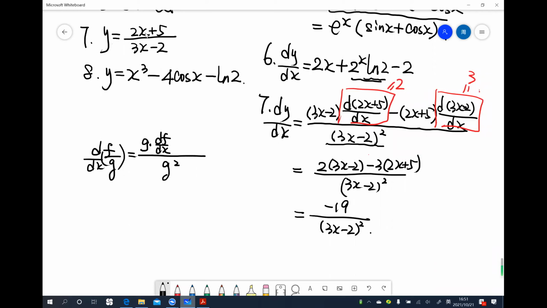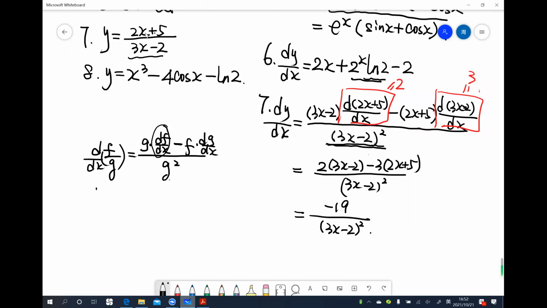So first we calculate df by dx and minus f times dg by dx. So first part, g here, that is 3x minus 2, right? So we write (3x minus 2) squared here. And then here, f is 2x plus 5, right? So that is d(2x plus 5) by dx.